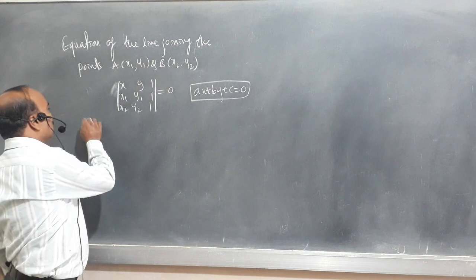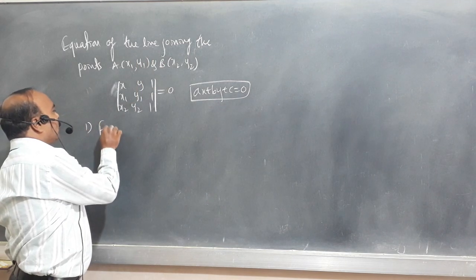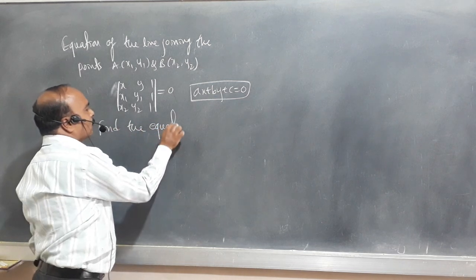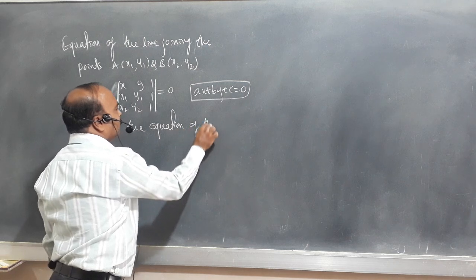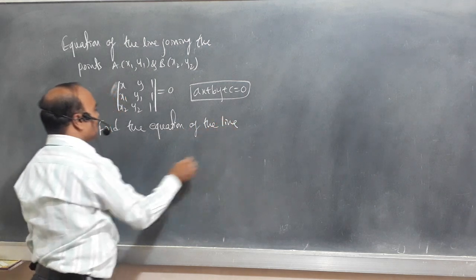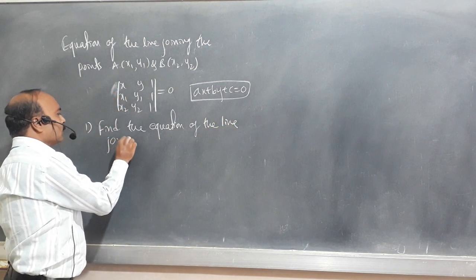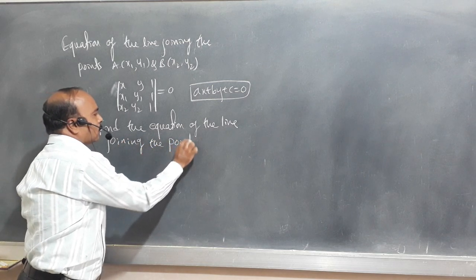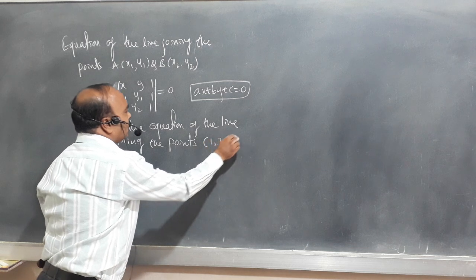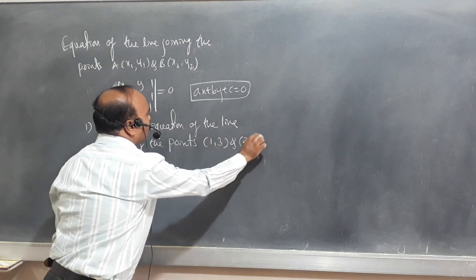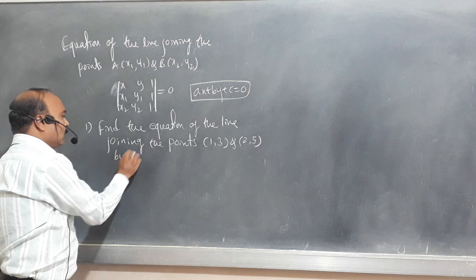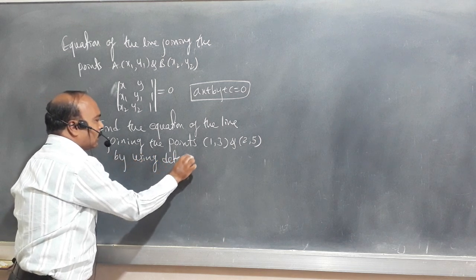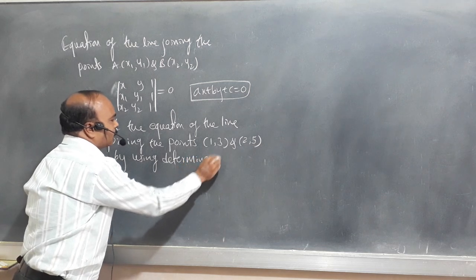Now we discuss with examples. Find the equation of the line joining the points (1, 3) and (2, 5) by using determinants.